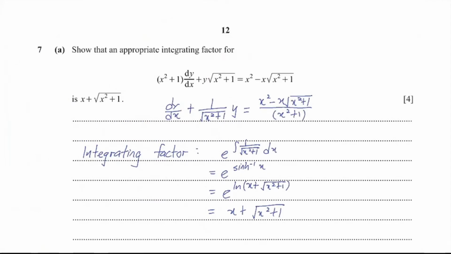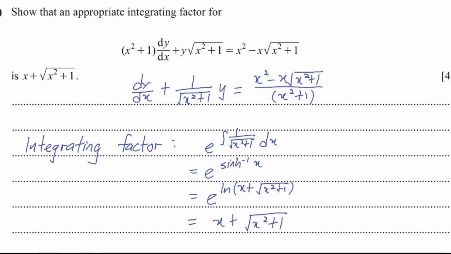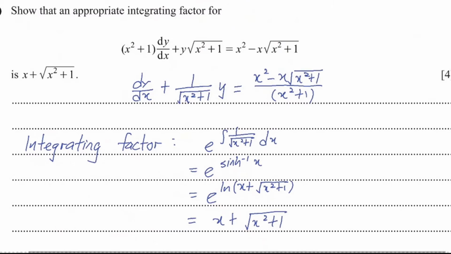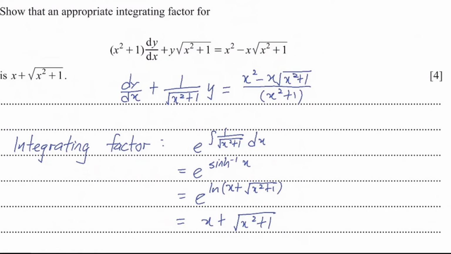If you look at the next part of the question, the appropriate integrating factor for this equation, which looks very complicated, is in fact x plus the square root of x squared plus 1. So how does that result in this integrating factor?